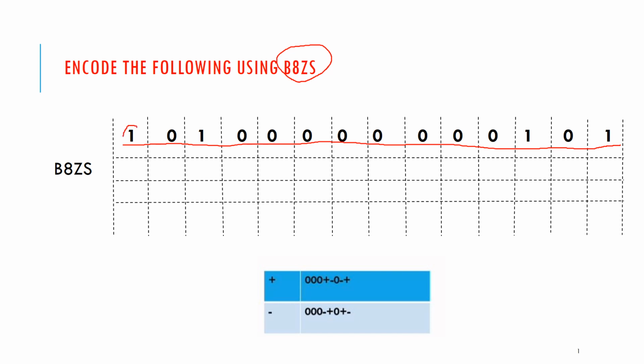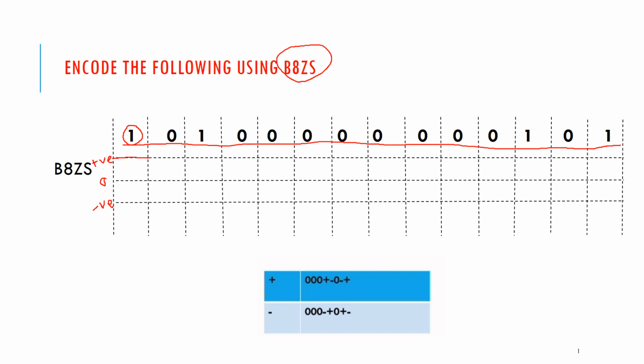At first we have a 1, so we can either put this one on the positive or on the negative using normal AMI technique. Since this is my first one, let me just label the axis. Alright, I'm just going to put it on the positive.